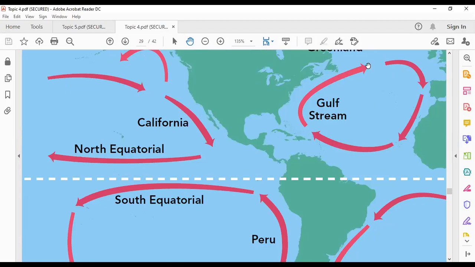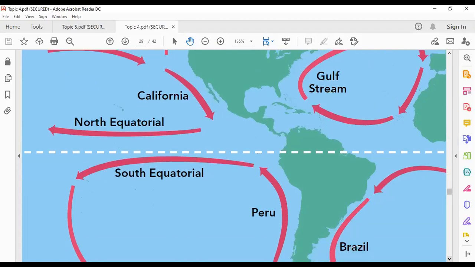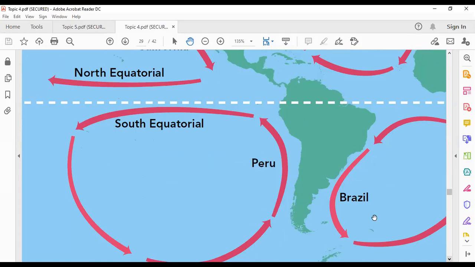What is the meaning of clockwise? Like the clock. The clock moves in this direction, okay? So currents to the north of the equator move clockwise, but currents in the southern hemisphere, to the south of the equator, move counterclockwise, the opposite of clockwise, like this.